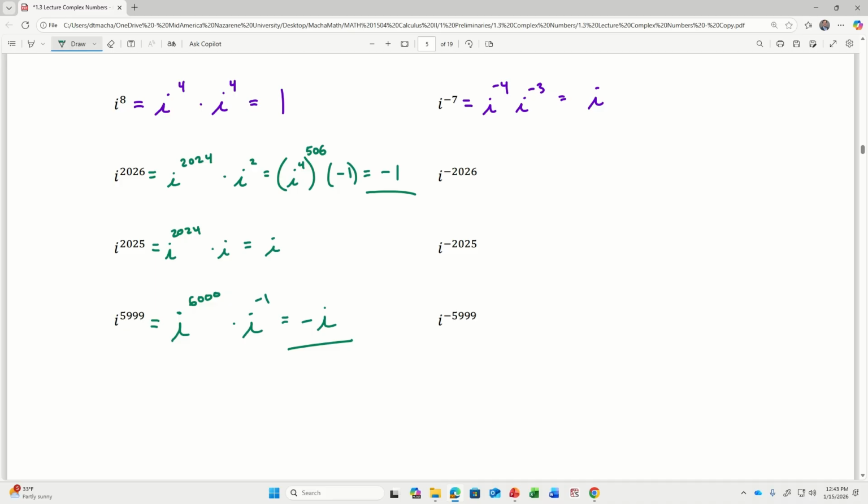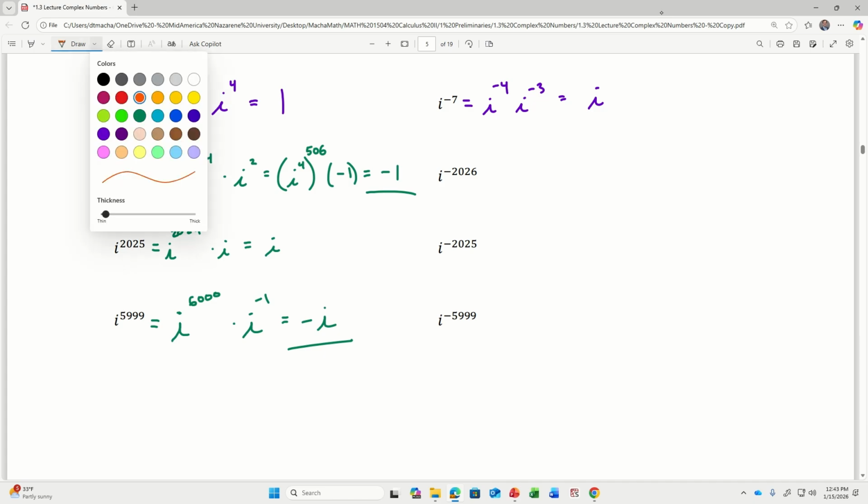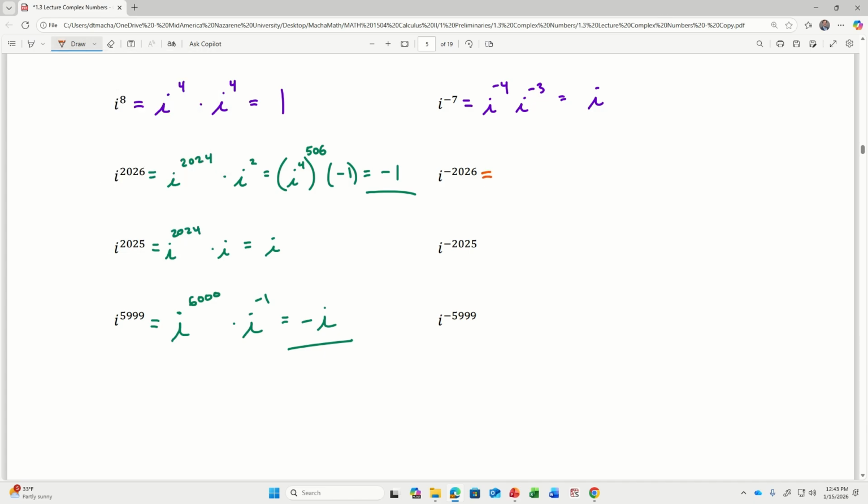Yeah. What about this? i raised to the power negative 2026. Let's see. It's harder for me to do the negative ones.